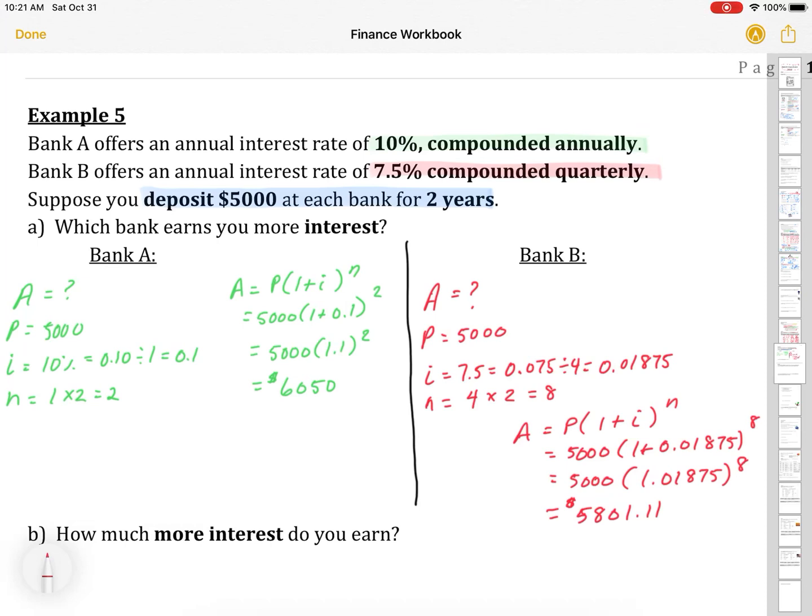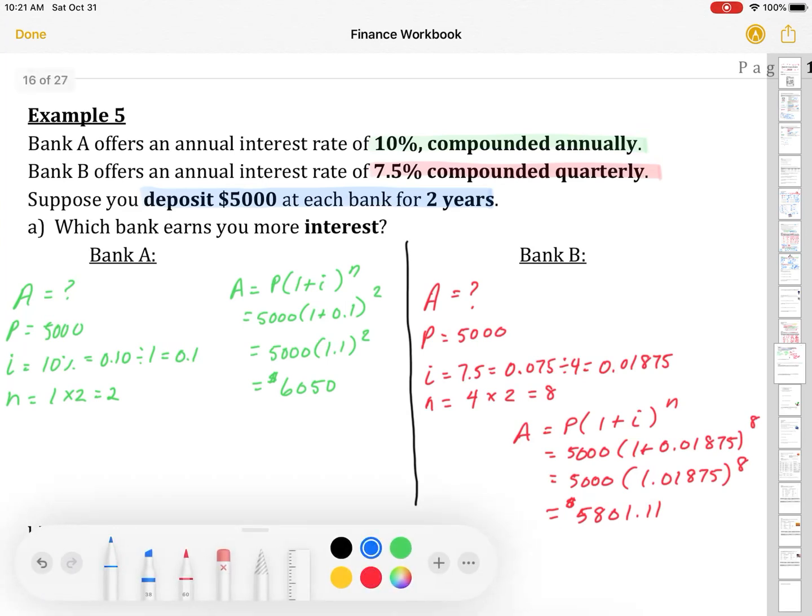So looking at those, even though you compounded the second one more often, the first one had a higher interest rate and you ended up earning more interest. And I just want to double check something. Yep. Okay.